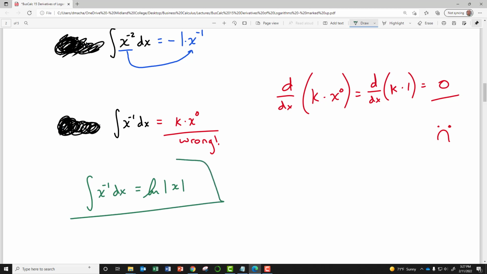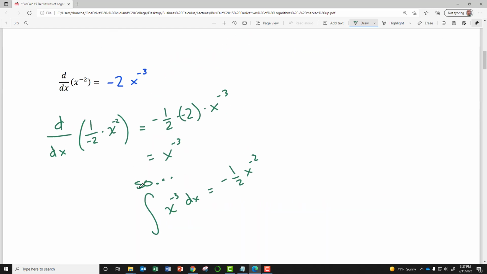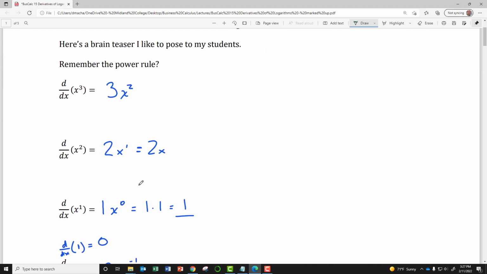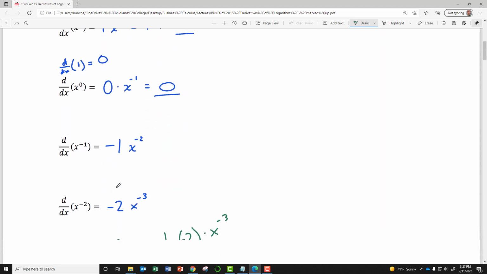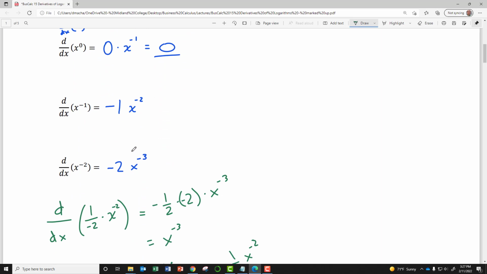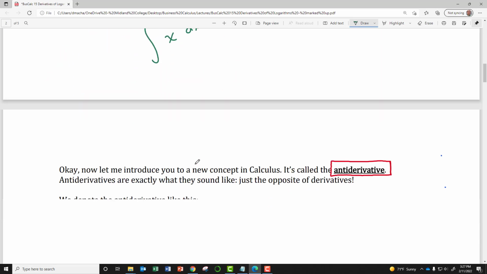And that should seem pretty weird. If it doesn't, I don't think you're thinking hard enough about this. Because we developed this derivative power rule, where if you're taking the derivative of x to some whole number, you always end up getting x to some whole number back. We have this nice pattern where the exponent decreases by 1 each time.